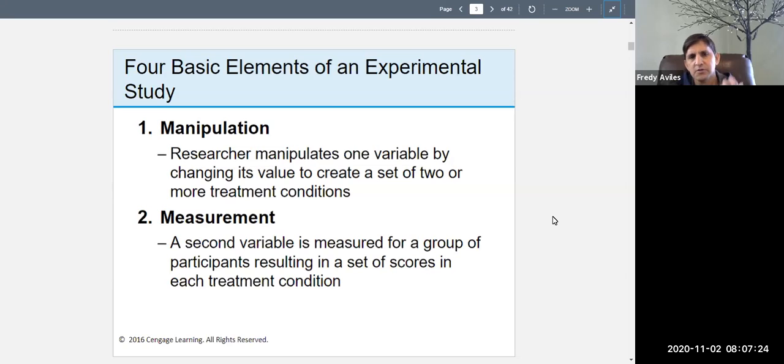First, an experiment must have manipulation. That means you have to do something to someone. The researcher manipulates one variable by changing its value to create a set of two or more treatment conditions. That sounds complicated. What that means is you're going to be doing something to your participants.